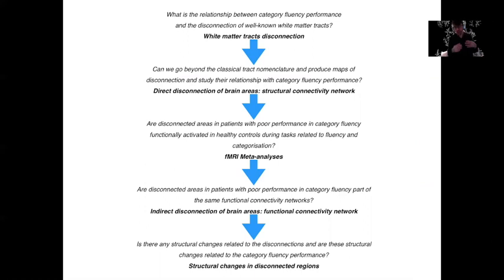But even though the level of disconnection of the cortex actually matches the classical activations in healthy controls, this level of disconnection of regions that are significantly related to a decreased performance of category fluency matches the meta-analytic fMRI map in healthy controls for tasks involving fluency or the manipulation of categories.